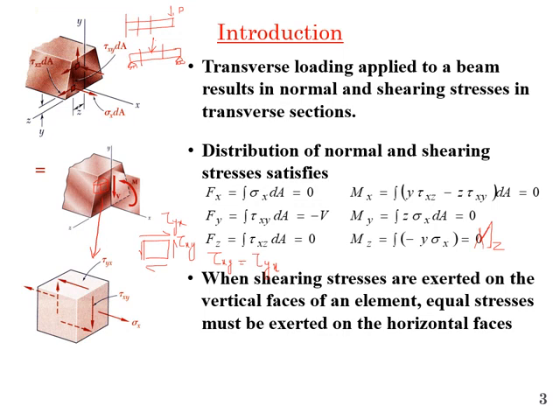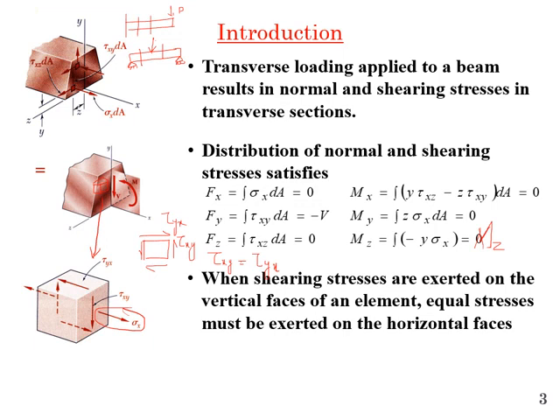And we obviously have shear stress on the back face and the down face, and this is stress normal to that area, and that will be sigma x, normal stress. So when shearing stress are exerted on a vertical face of an element, that equal stress must be exerted on the horizontal face.